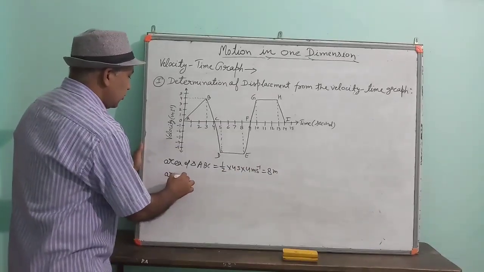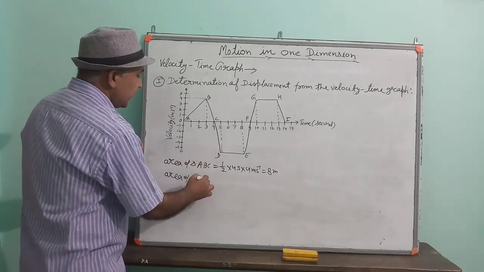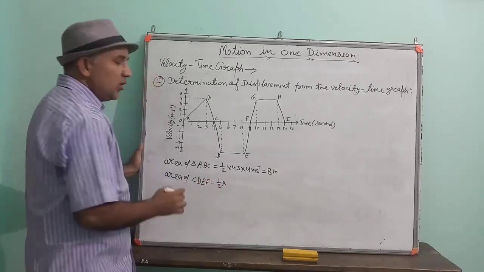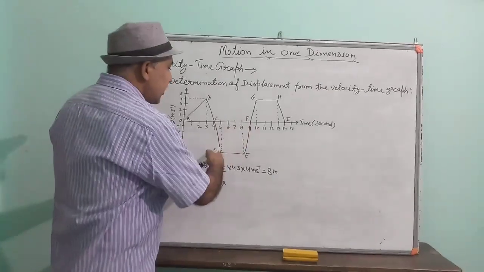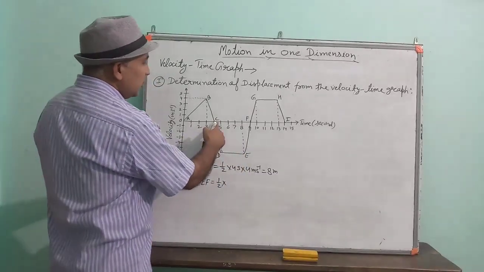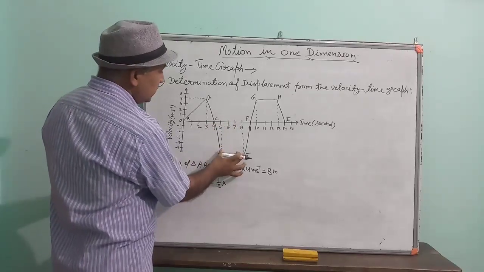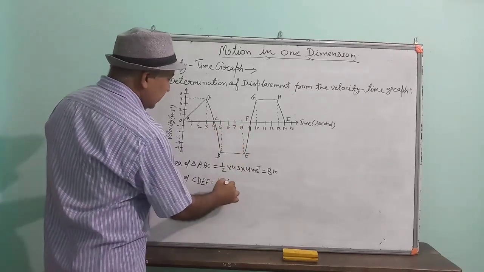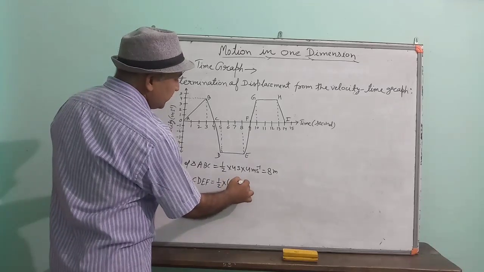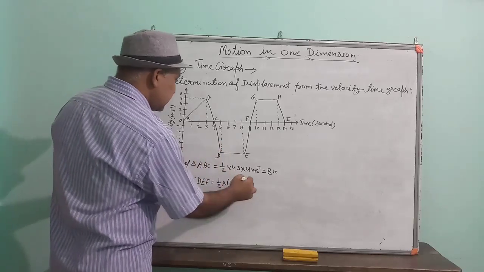Now, the second one is a trapezium. So the area of CDEF is equal to half of the sum of the parallel sides into the distance between them. Here 5 is one parallel side and 3 is the second one, so half into 5 plus 3 into the distance between the parallel sides, which is 4.